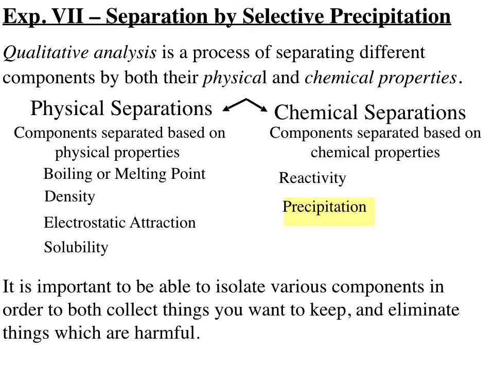We can do things that we call chromatographic processes by which we use differences in the solubility of the components to separate them. In today's lab, we're going to perform our separations generally by reactivity and precipitation. Okay, so let's take a look at maybe what we will do to pull those things off.